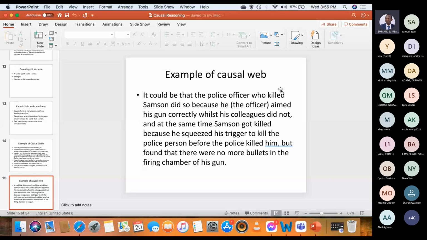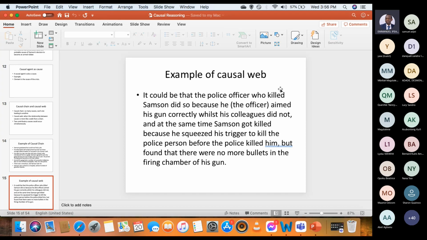So what about causal web? You see how causal web differs from causal chain. In causal web, a number of things are happening at the same time. It's not one leading to the other. It is several contributing to an effect side by side.